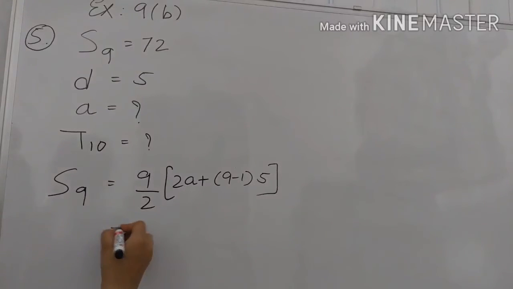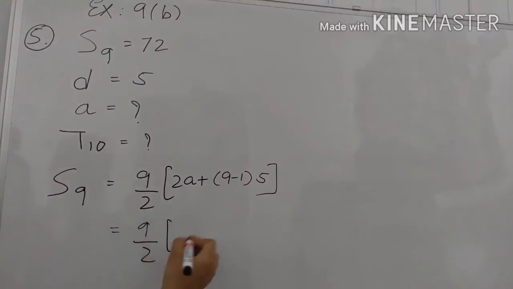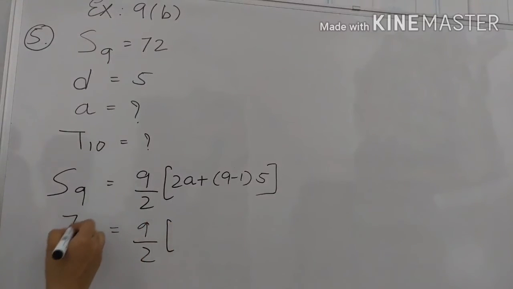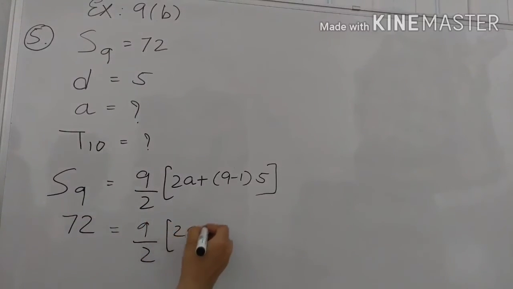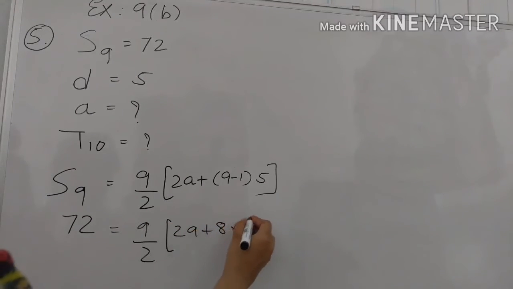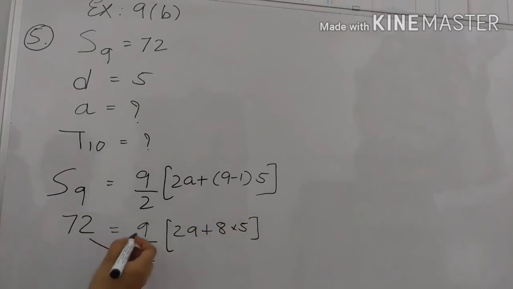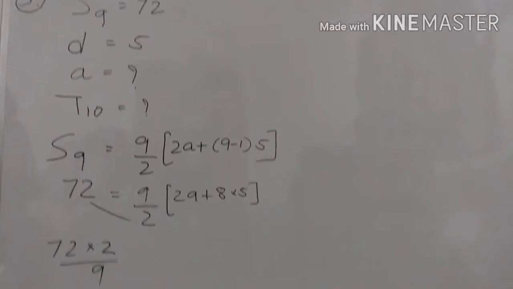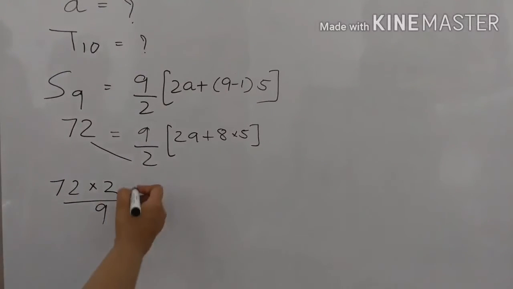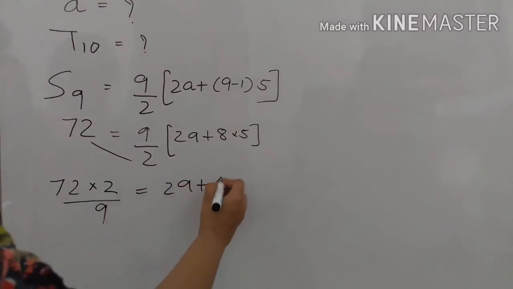So here I get 9 by 2, and this value is already we are having 72, 2A plus 8 into 5. Now I am taking this crossway, 72 into 2 and divide by 9, and is equal to, we will have 2A plus 8 5s are 40.